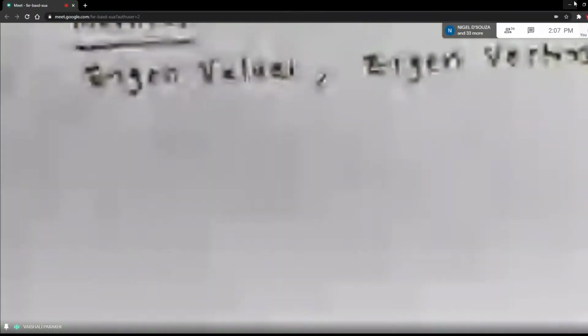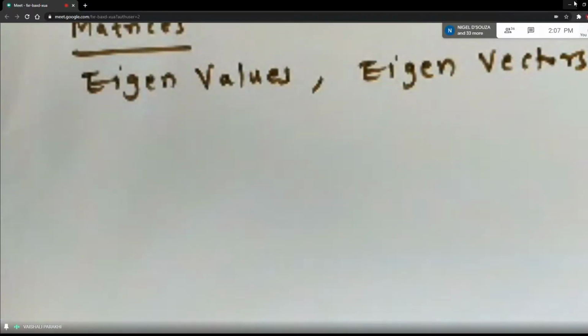This is a very important part of matrices, and based on this we will be solving some big problems which come for 10 to 12 marks each. So the base of this should be very perfect, meaning how to find eigenvalues, how to find eigenvectors, etc. Now let me tell you what eigenvalues and eigenvectors are and where they exist.